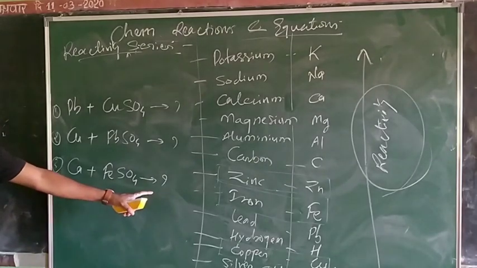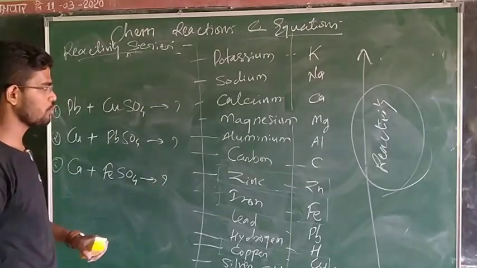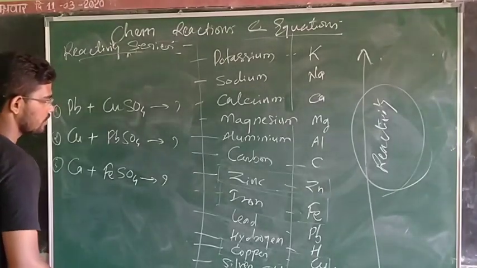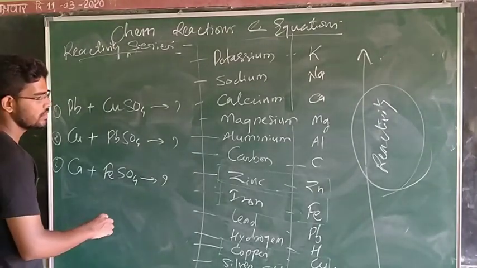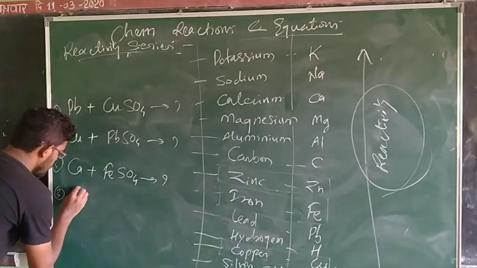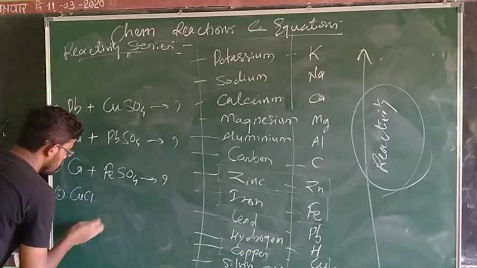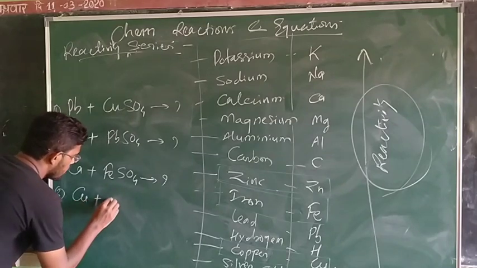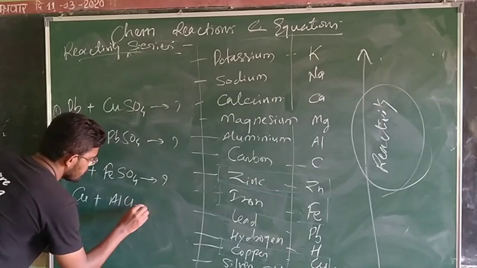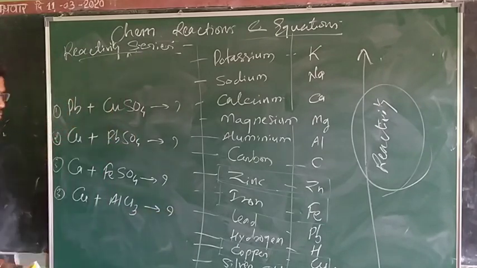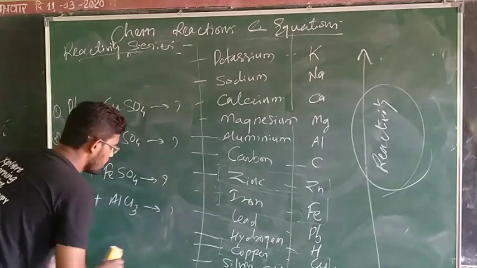What is the product? And one more last example that you may take: copper react with aluminum chloride. You need to answer the product.